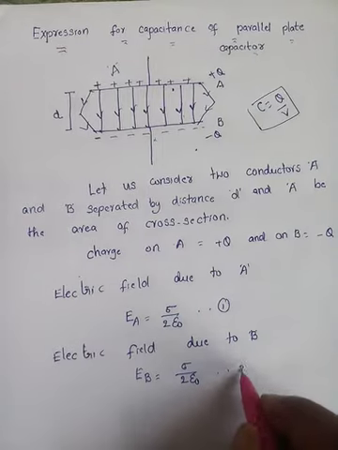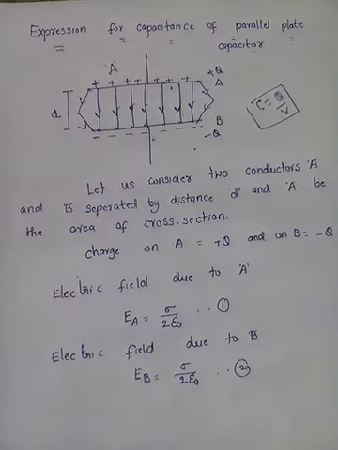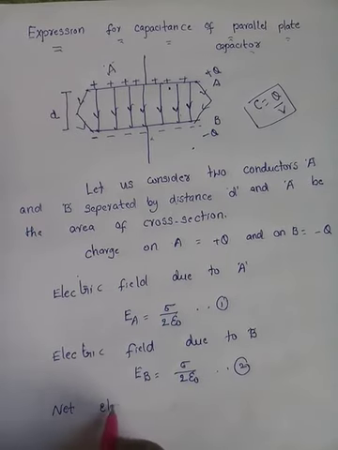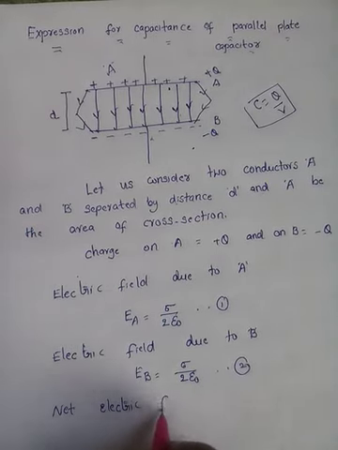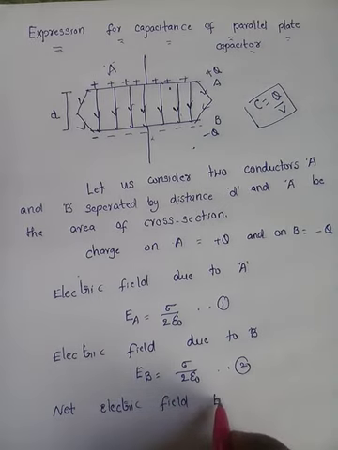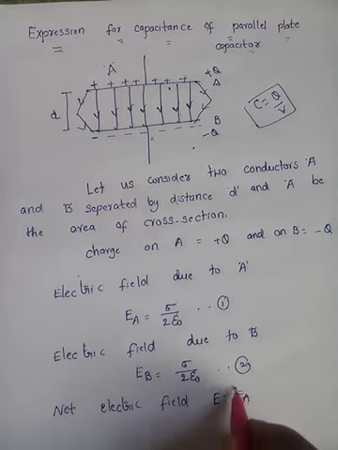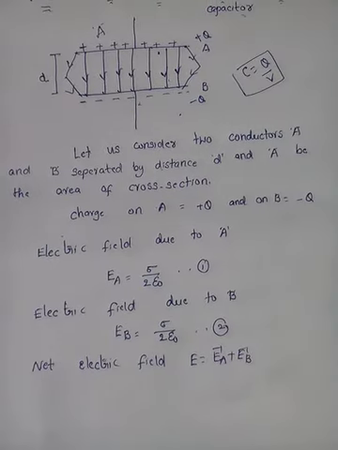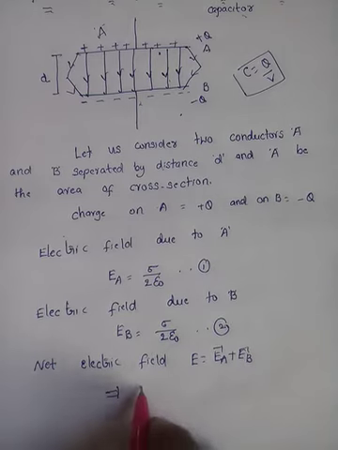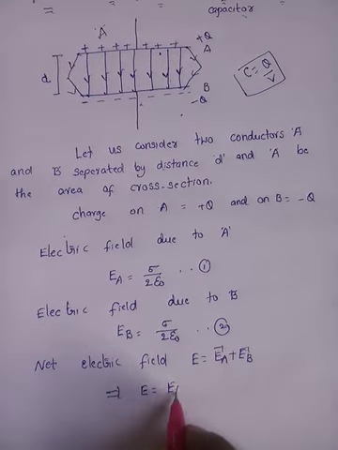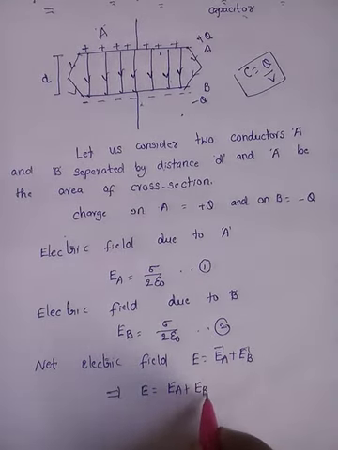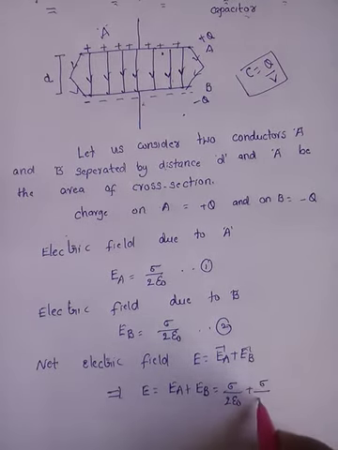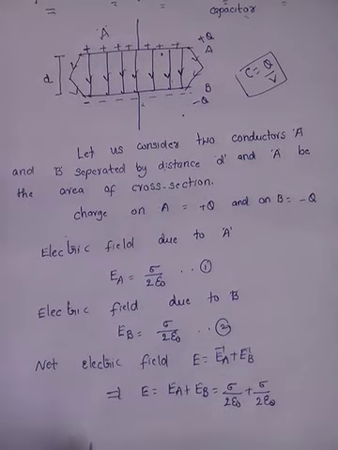Have you seen that these two electric fields are in the same direction? So what is the net electric field? E is equal to the vector sum of EA and EB. Now here both are along the same direction, so we can write E is equal to EA plus EB, which equals sigma by 2 epsilon naught plus sigma by 2 epsilon naught.